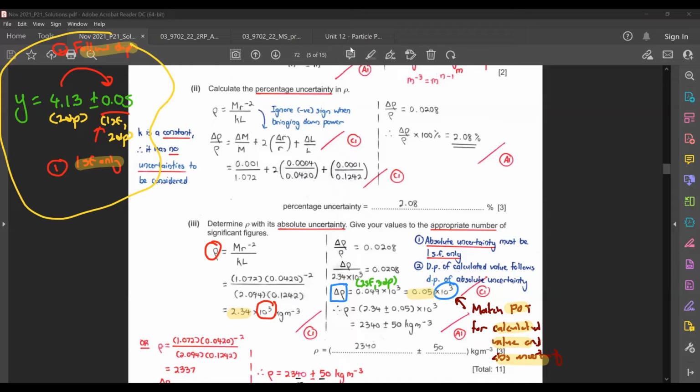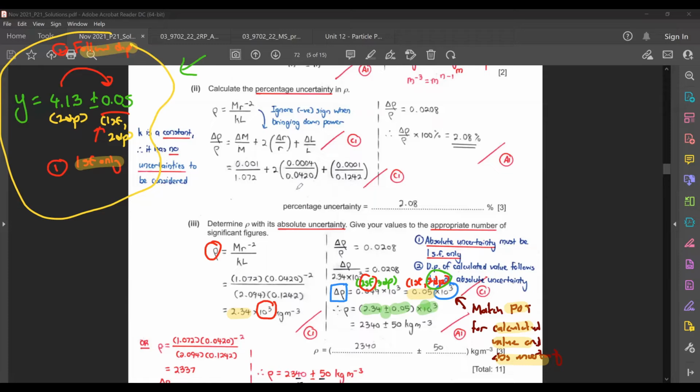So the problem is that this one is not 1SF. So you have to re-express it in 1SF. So in the process of you expressing it in 1SF, this one becomes 2DP. All right. So when you go and express your calculated value with its absolute uncertainty, the calculated value now must have 2DP following this rule that I just wrote here. That's why your answer will be 2.34 plus minus 0.05 times 10 power 3.